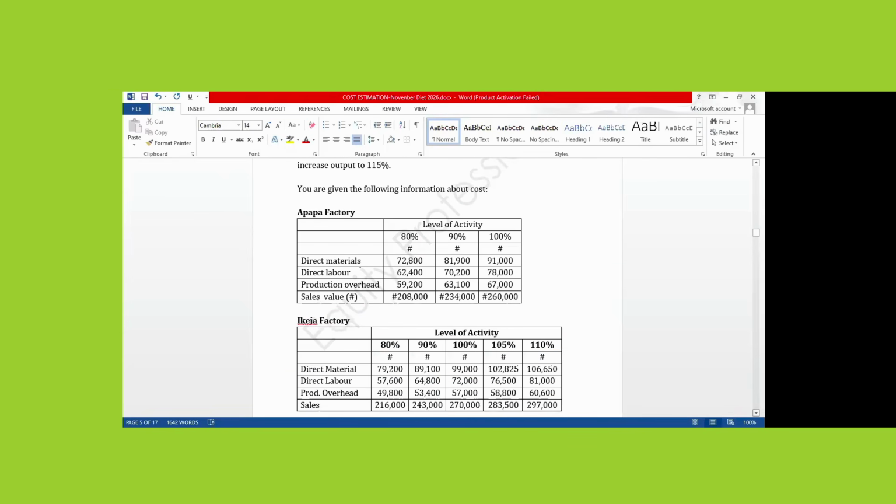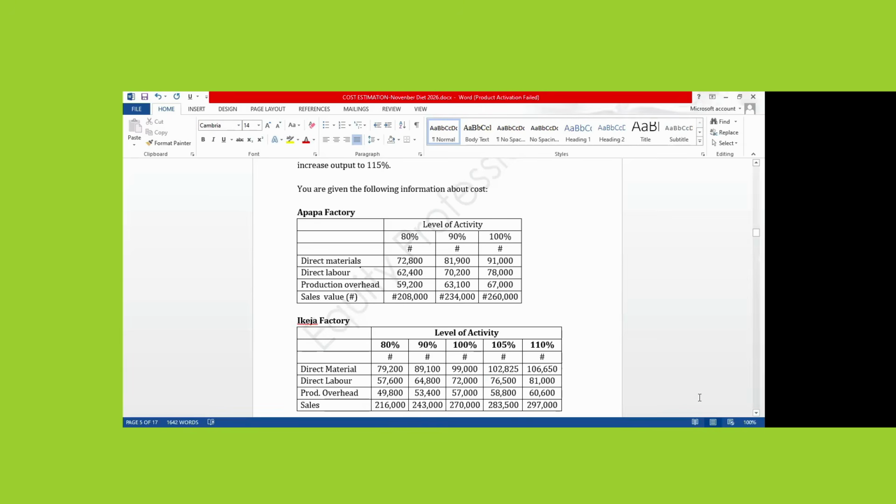We have Apapa factory, activity level, 80% material cost, direct labor cost, production overhead cost, and we have the sales value.